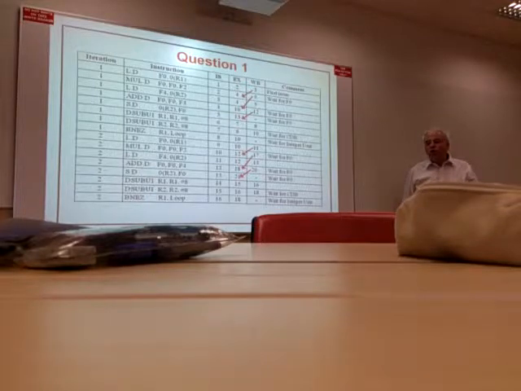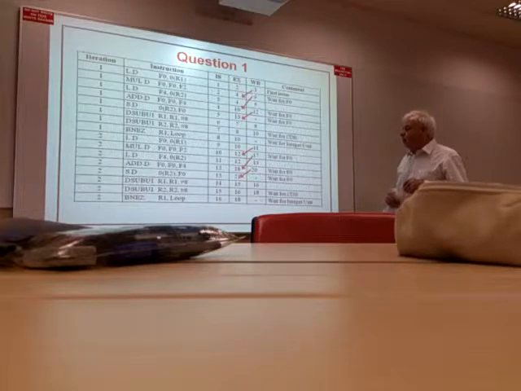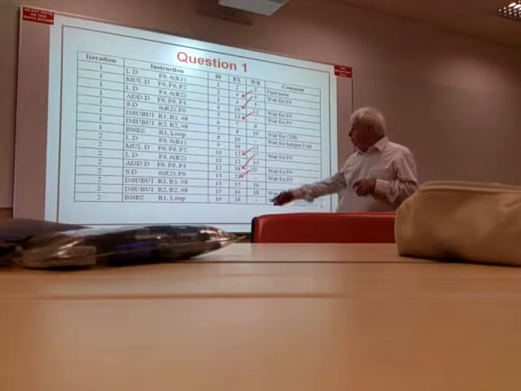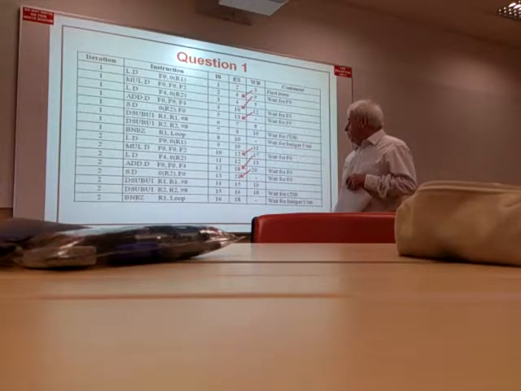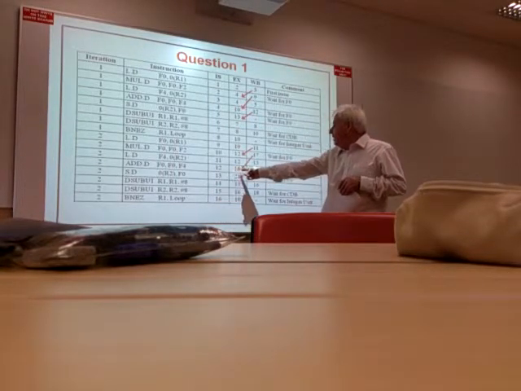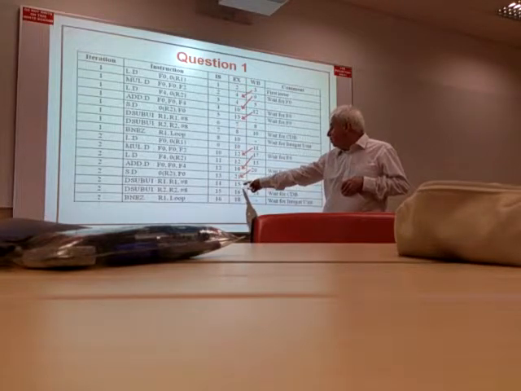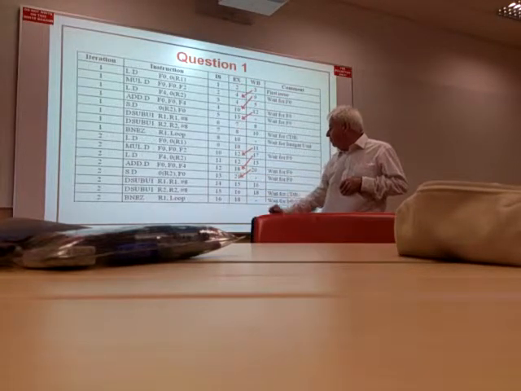Okay, so this example illustrates how you can execute instructions out of order if there are no data dependencies. You can see that this add operation here is executed in clock cycle 18, but the subtract is executed in clock cycle 15, before the add.